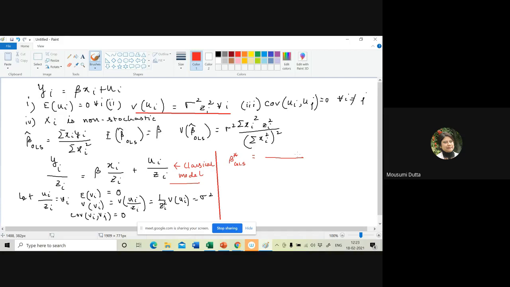It is also given here, beta hat OLS is equal to summation XiYi divided by summation Xi square. So in terms of the transformed model, what will be the value of beta star GLS? You have to do the ordinary least square only and tell me the formula.